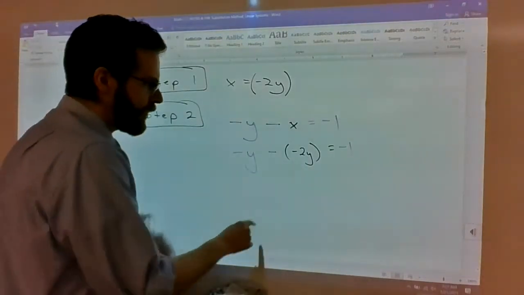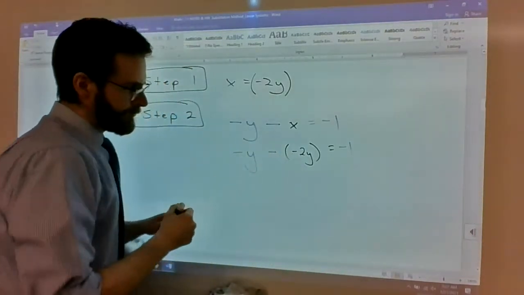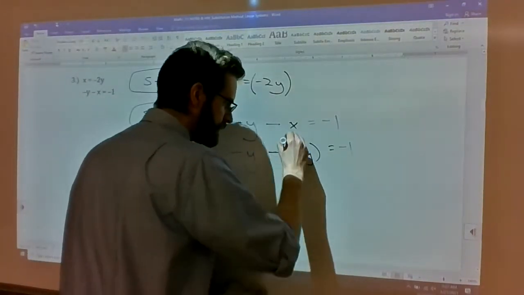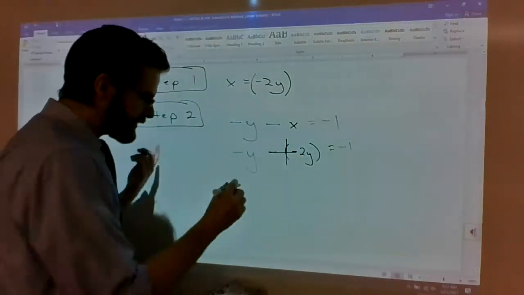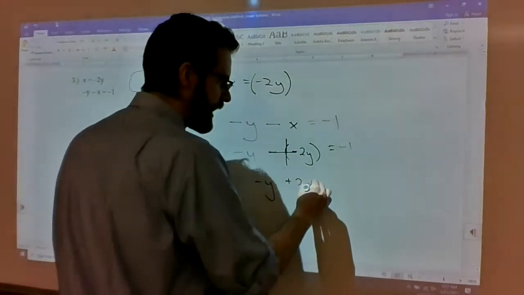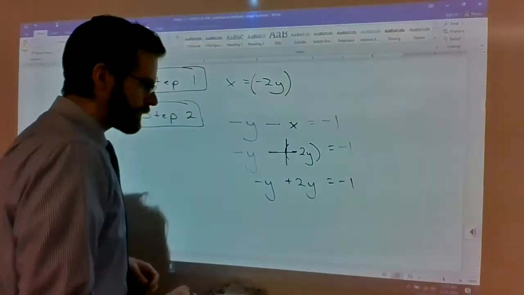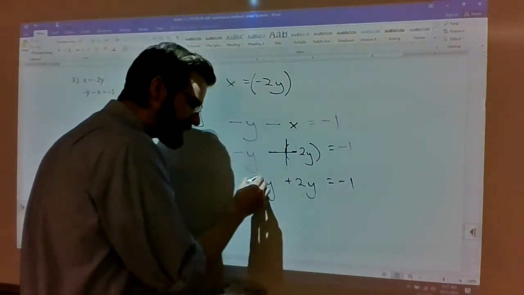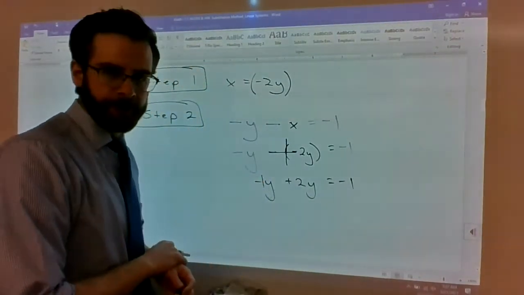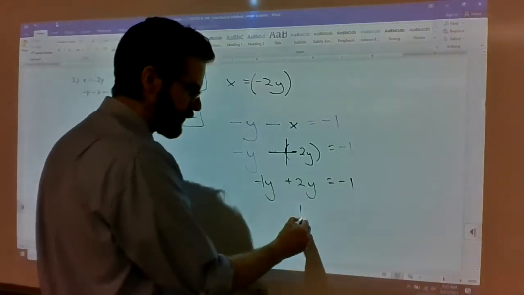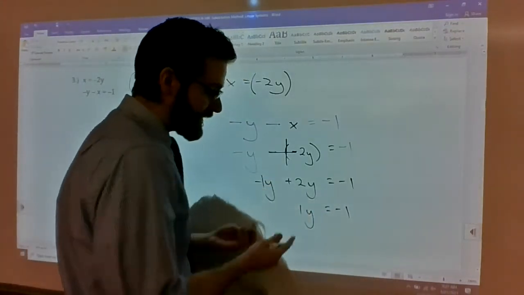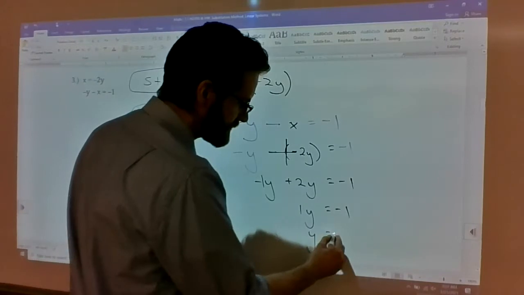Okay, so a minus negative creates addition. So this is really negative y plus 2y equals negative 1. And negative y is the same as negative 1y. Negative 1 plus 2 is 1, and 1y is the same as y.